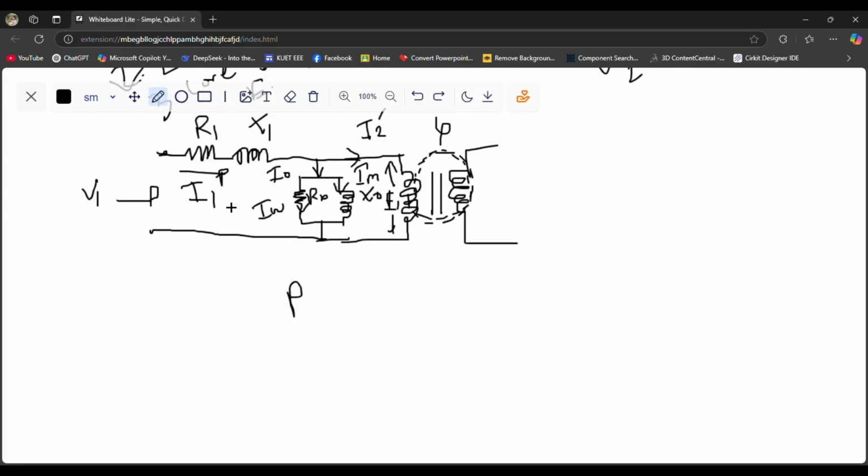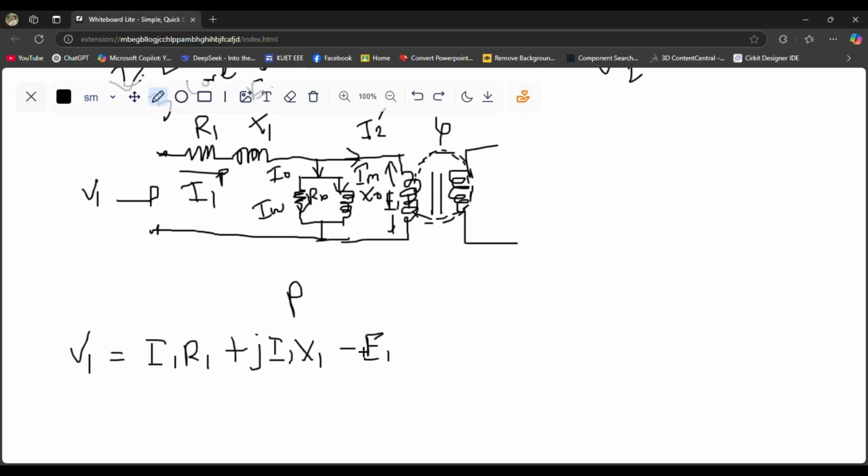Then if I write the KVL equation at the primary side, the equation should be like this one: V1 is equal to I1 R1 plus j I1 X1 minus E1. You may be surprised by the sign of this E1. You can ask why E1 is negative.